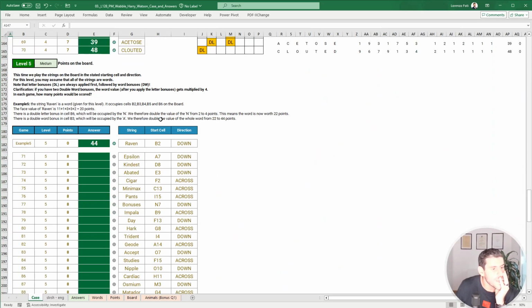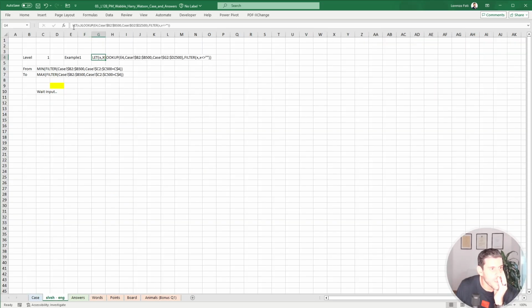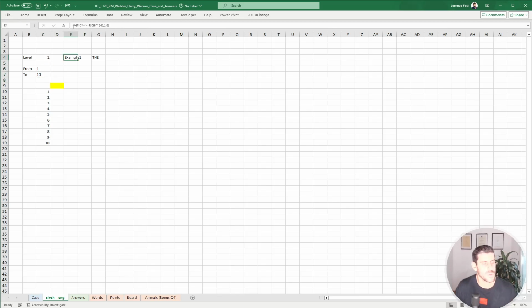Level 5 asks you to put words actually in the very grid. So I switch to my worksheet here. So level 5, you can only go down or right, so left to right. You cannot go diagonally, you cannot go down to up, you cannot go right to left.